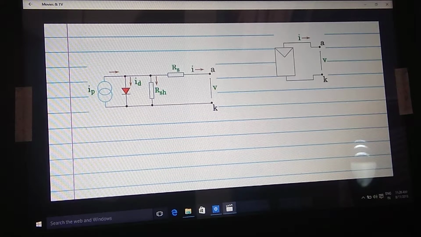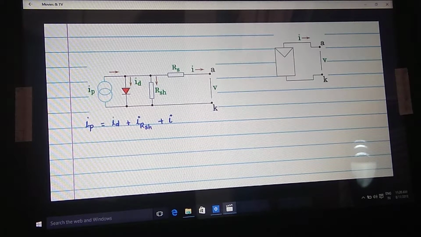Looking at the equivalent circuit, the current IP is equal to ID, the diode current, plus the current through the resistance R shunt, plus the terminal current I. If you consider this as the reference node, the voltage at this node can be seen to be V plus this drop, and this drop has a potential which is positive here and negative here, and therefore you have at this point V plus IRS.